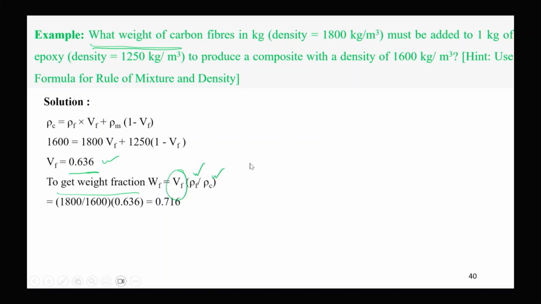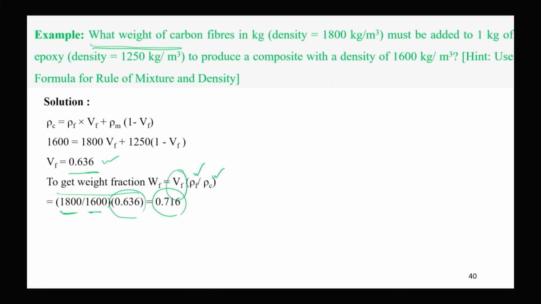So 0.636 was the volume fraction of fiber, multiplied by density of fiber, 1800, divided by density of composite, which was 1600. So we can get the weight fraction, 0.716.